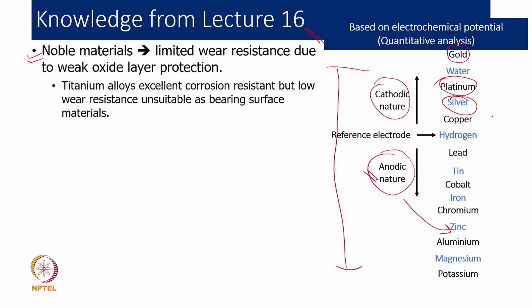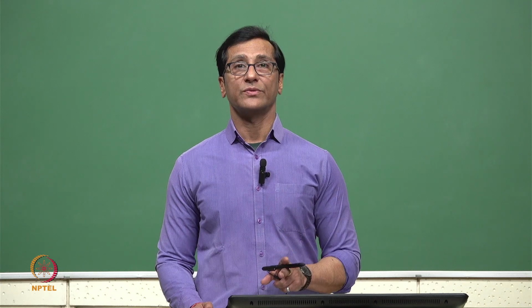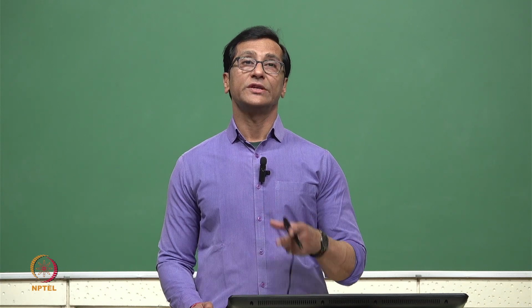They don't get oxidized so easily. But the question comes, are these really good materials? Here there is a problem, because we say limited wear resistance due to weak oxide layer protection. They are protected from a corrosion point of view, but they become very weak in wear. So that's why we need to rethink.